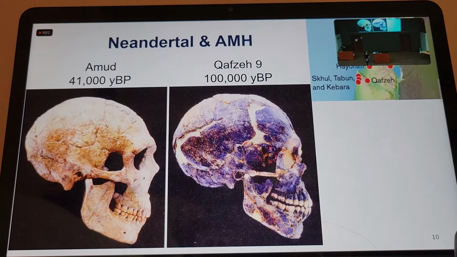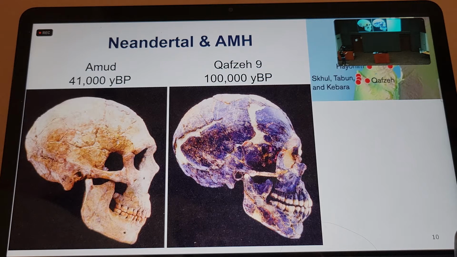Right? And Amud has classic Neanderthal features, that more sloping forehead, sort of a little bit of a bun, not too big an occipital bun, that mid-facial prognathism, large brow ridges, retromolar space, which is sort of one of those esoteric features you see talked about for Neanderthals.